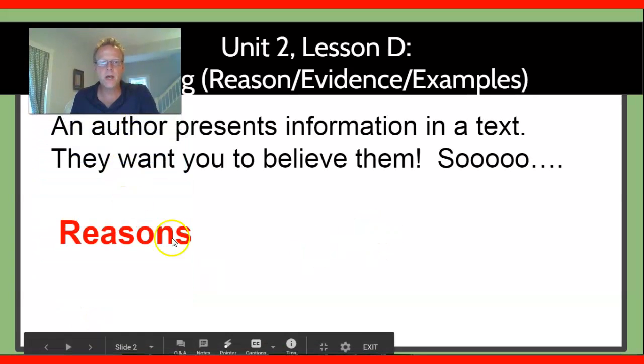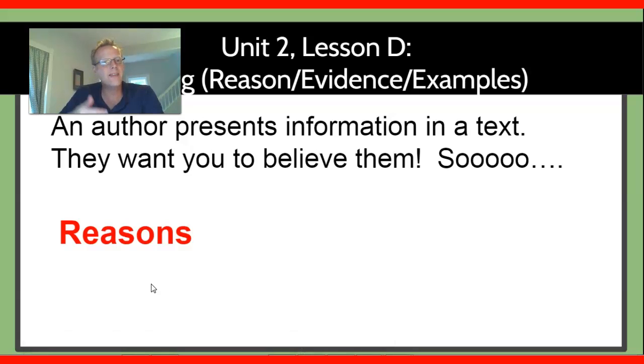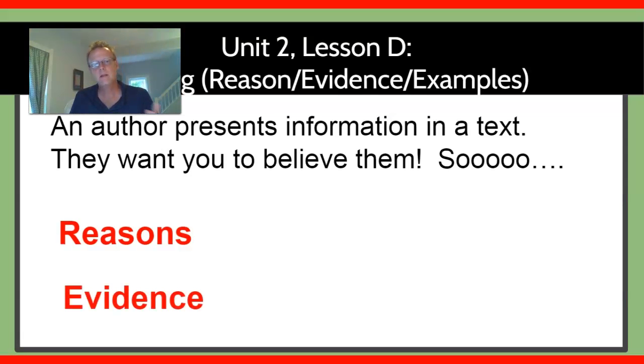The first way is they give you reasons for why they said what they said, or why they believe what they believe, to push you to believe what they're writing. Second, they give evidence.